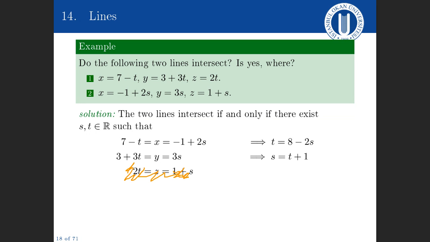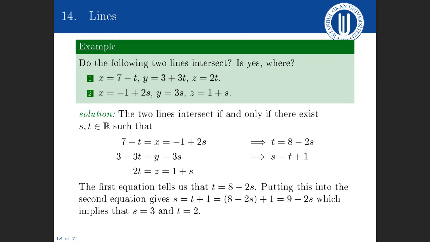We'll come back to it later. The first equation says that t is equal to 8 minus 2s. And if we put this into the second equation, s is equal to t plus 1, that's 8 minus 2s plus 1, or 9 minus 2s. Rearranging this, we can see that we must have s is equal to 3 and t is equal to 2.